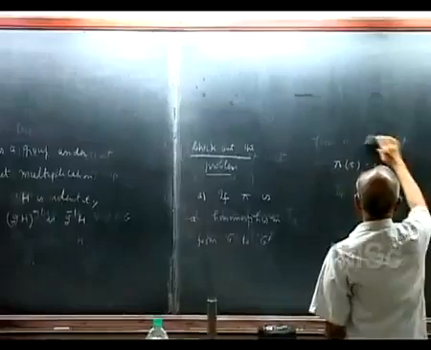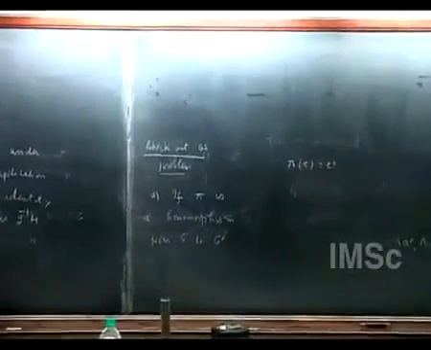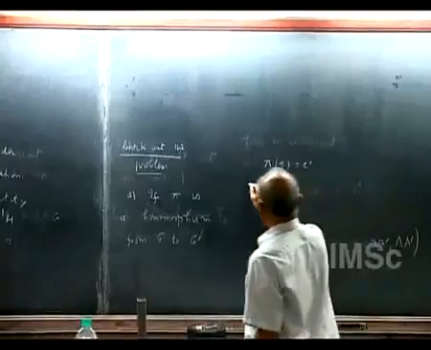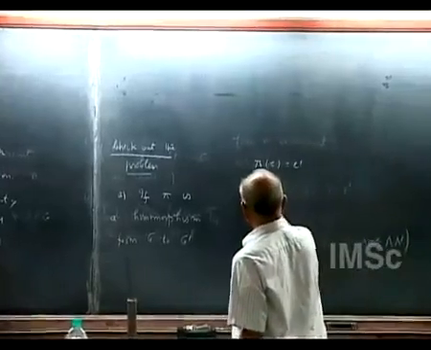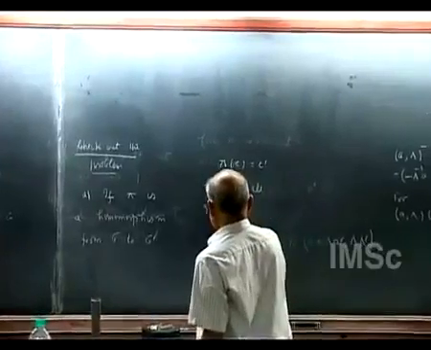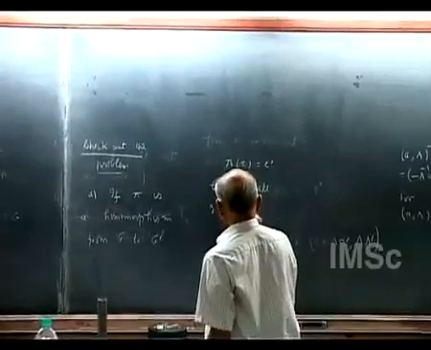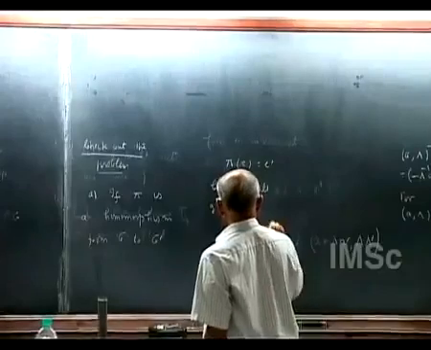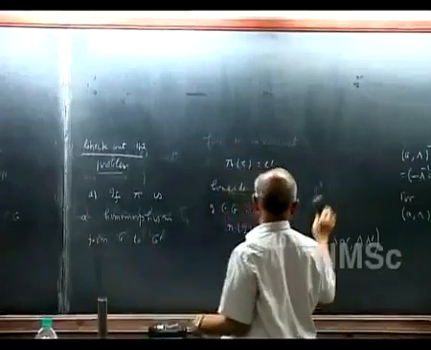This we know. But consider all g in G such that phi of g is e prime. There is no reason why this map should be 1 to 1.